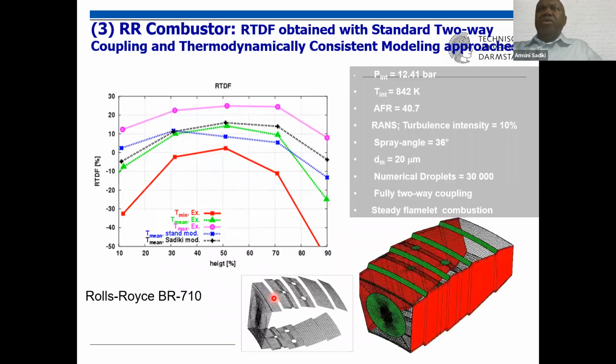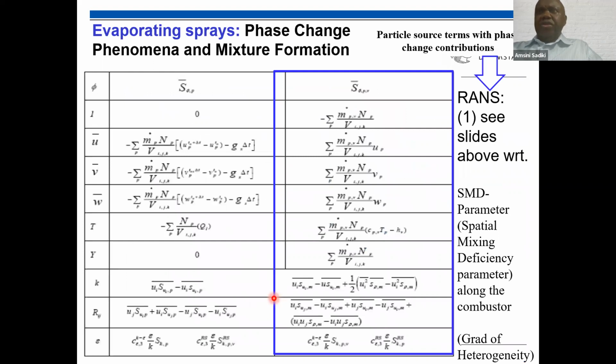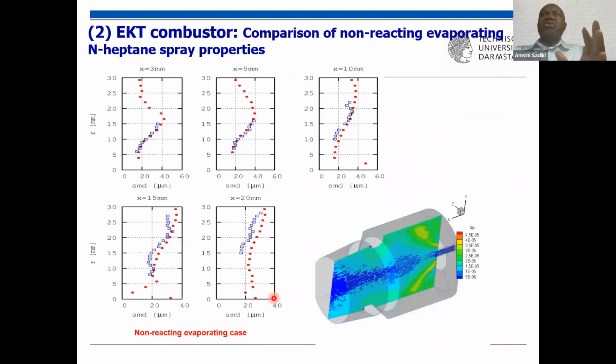But at the moment, we didn't consider this. We only try to see if we are able to capture the correct behavior of the spray. This is the spray that is coming from here, and it spreads within the combustion chamber, and that is for a non-reacting case.